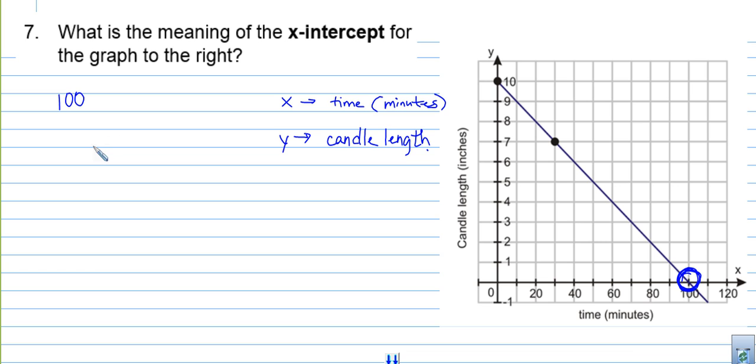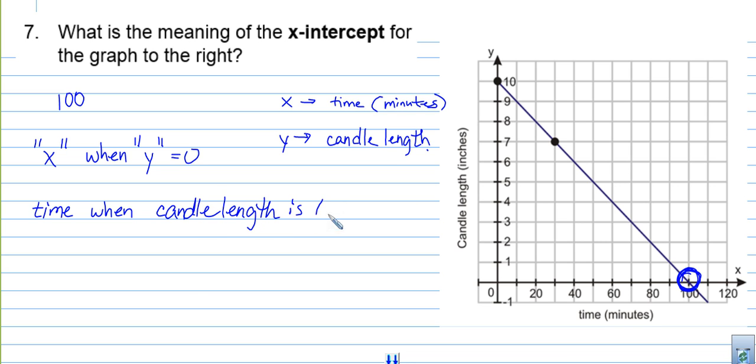Okay? And so this is the x when y equals 0. So it's the time when the candle length is 0.